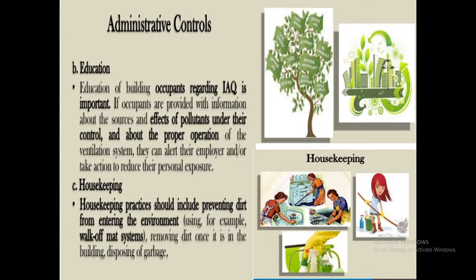Okay. For education, education of building occupants regarding indoor air quality is also important. If occupants are provided with information about the sources and the effects of pollutants under their control, and about the proper operation of the ventilation system, they can alert their employer or take action to reduce their personal exposure.